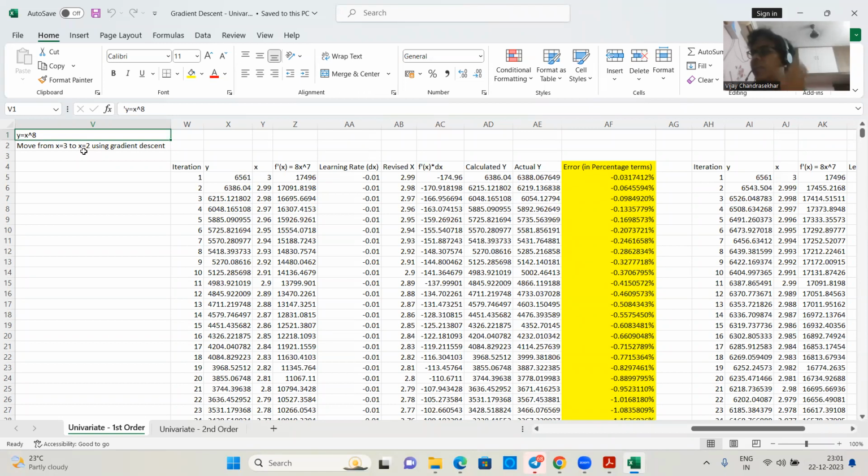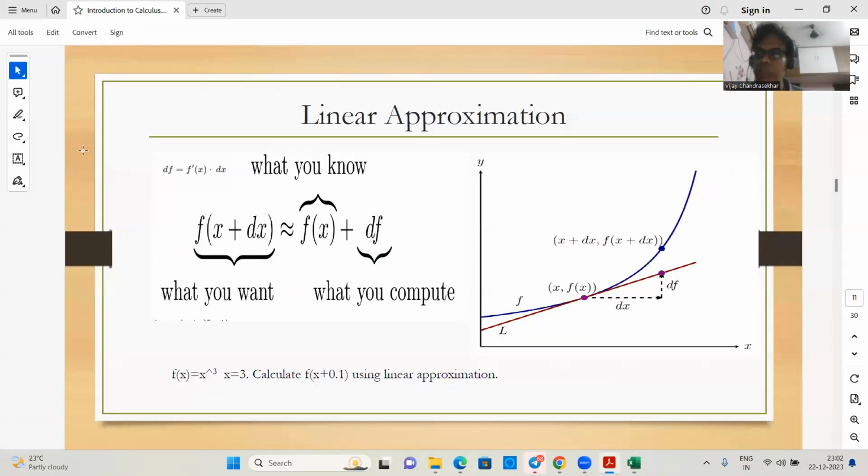The curvature of x to the power of 8 is much more, which means, just imagine, folks, I'll tell you how x to the power of 8 will probably look. Just look at the pointer. It'll probably look something like this. That's how x to the power of 8 will look.